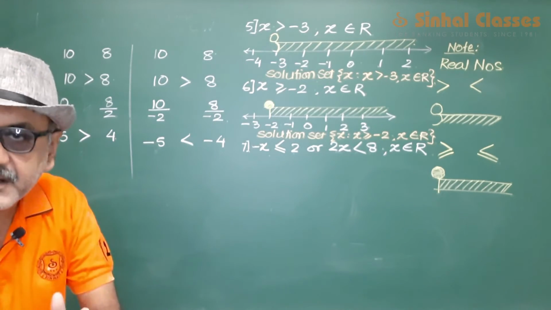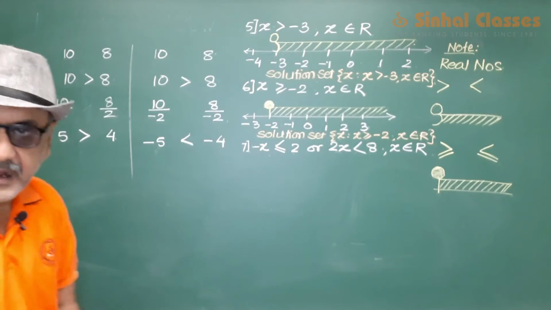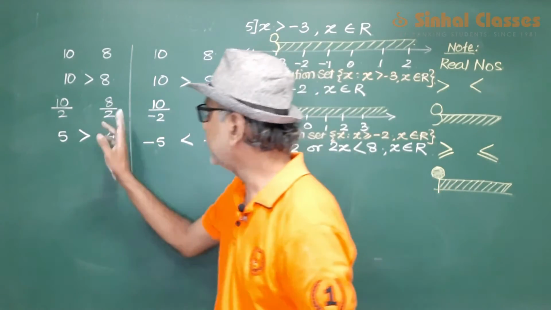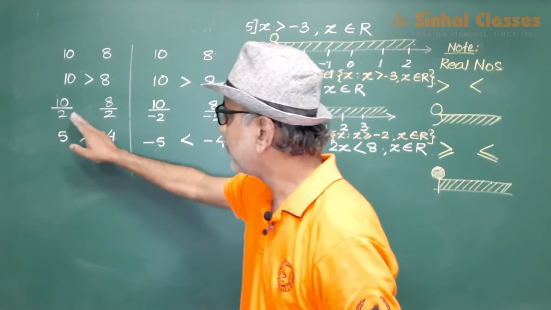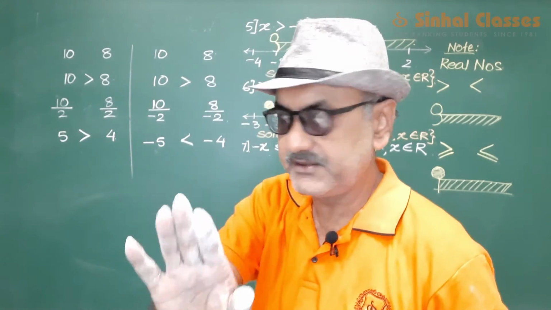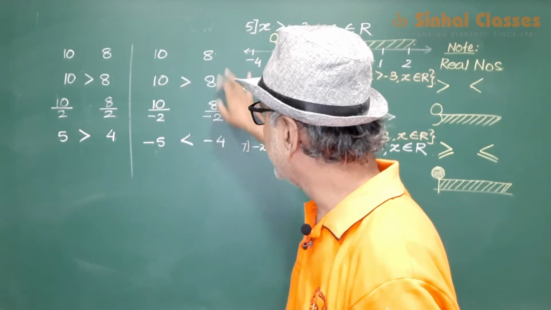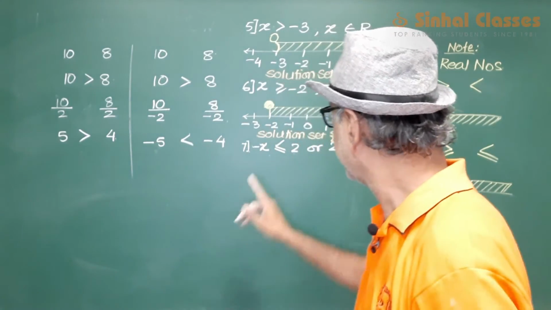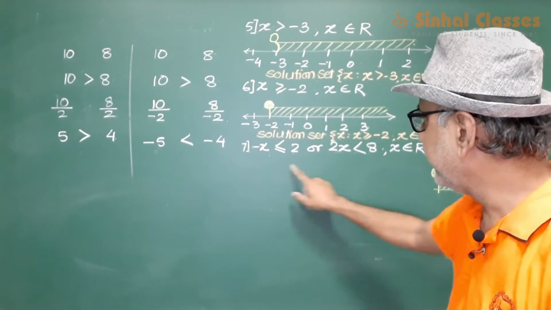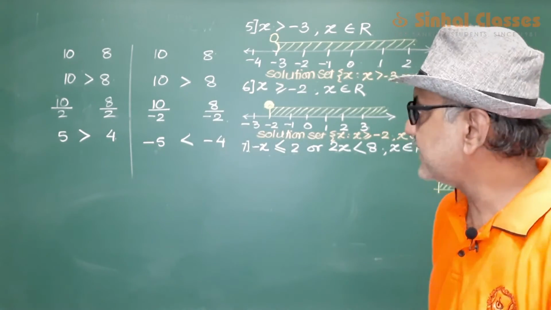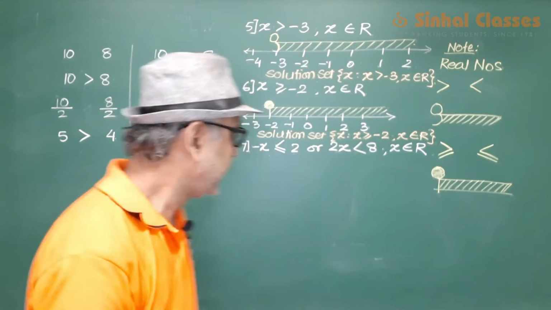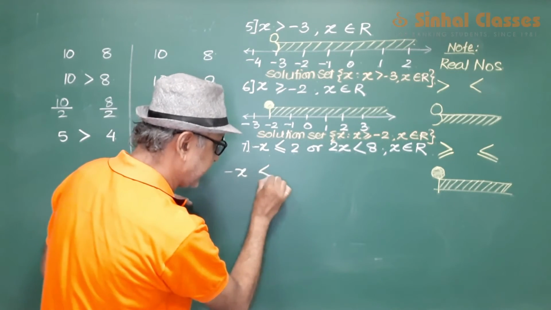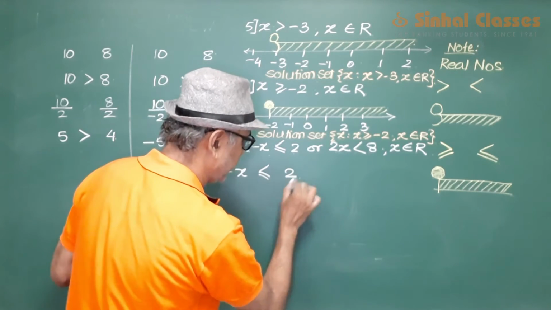So what you have to remember is, when you divide both sides by a positive number, the order relation does not change. When you divide both sides by a negative number, the order relation changes. Let us solve this sum on the basis of this explanation. -x is less than or equal to 2.